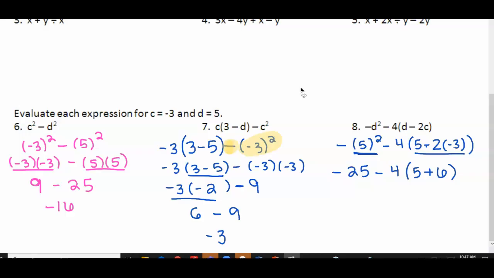We need to add the 5 and the 6 together to get 11. Then I need to multiply the 4 and the 11. And then subtract negative 25 and negative 44.